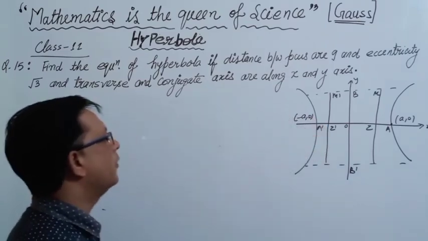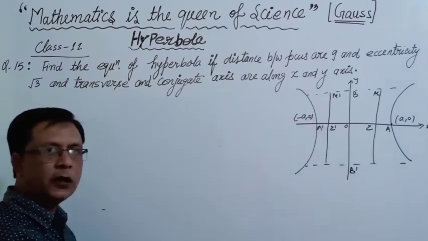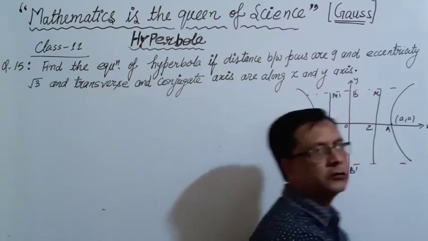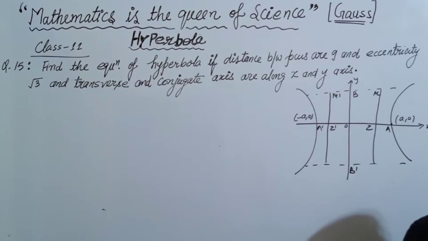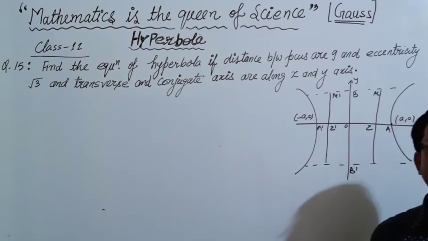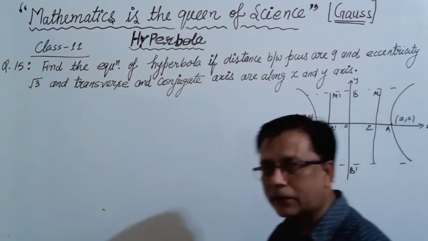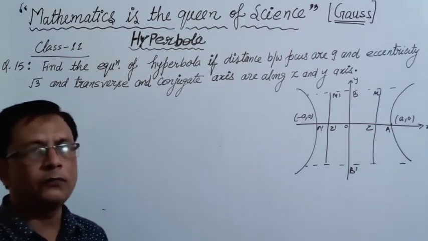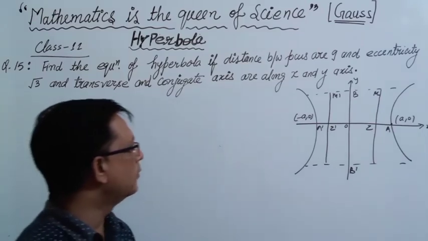So this is your figure. Now let us start the question. If the transverse axis is along the x axis, it means our hyperbola is in standard form. So let's start the question and see how we will solve it.